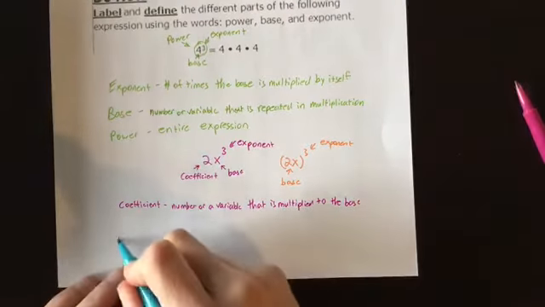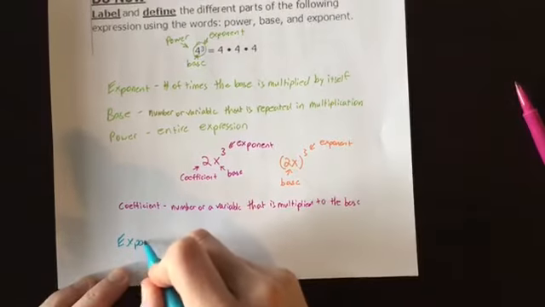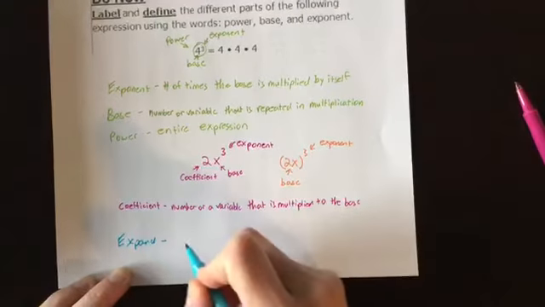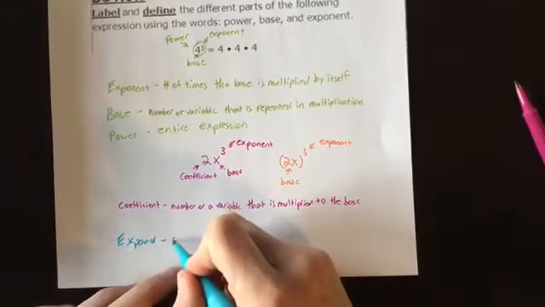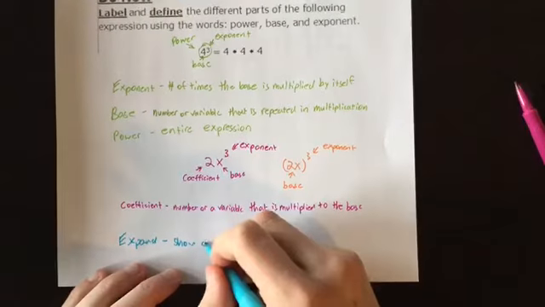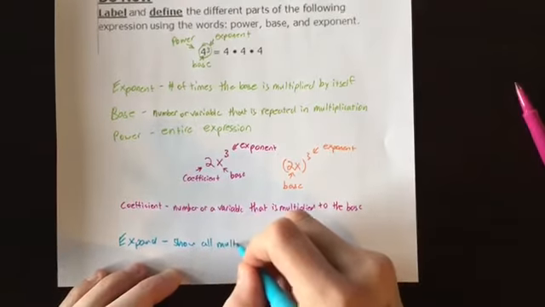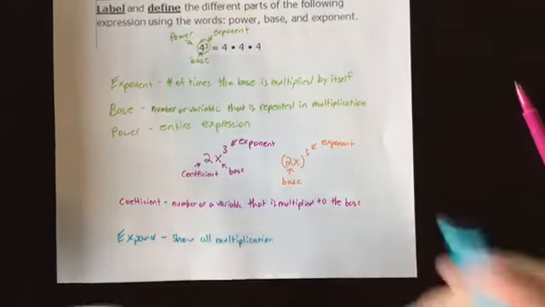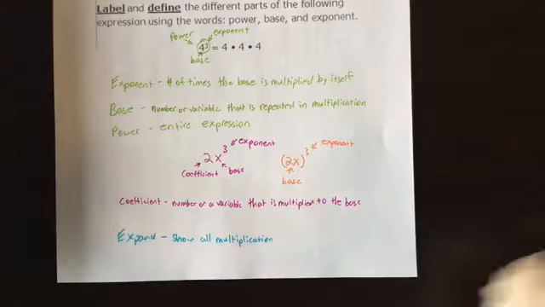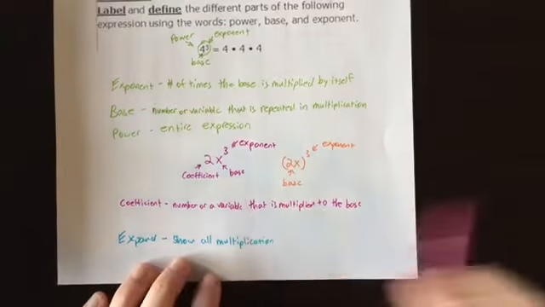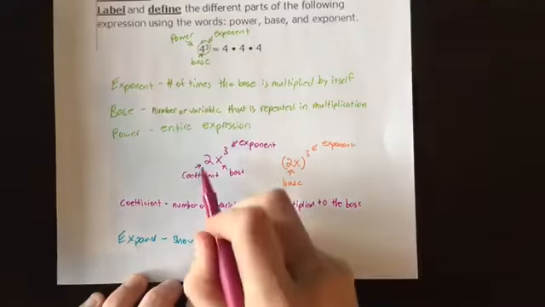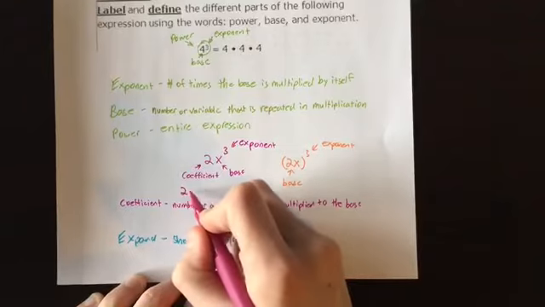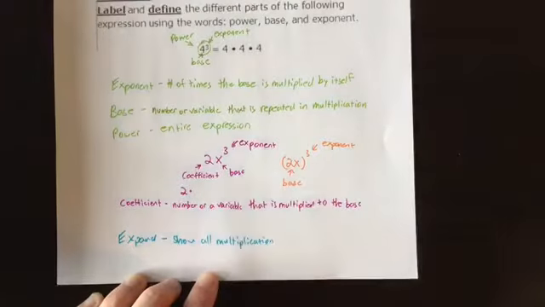So I'm going to use that word expand. We're going to use that word a lot in this unit, and expand means to show all multiplication. That'll be a good vocabulary word. So if we take 2x to the third, no parentheses, and I'm going to expand that. I know there's multiplication between the 2 and the x because 2 is a coefficient.